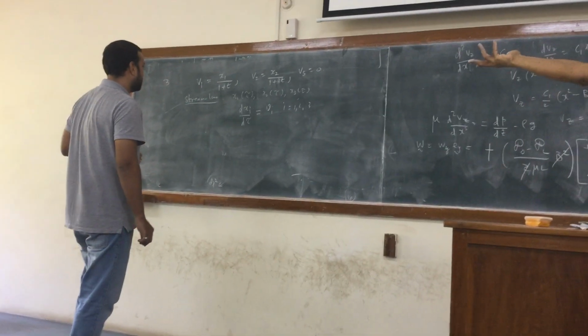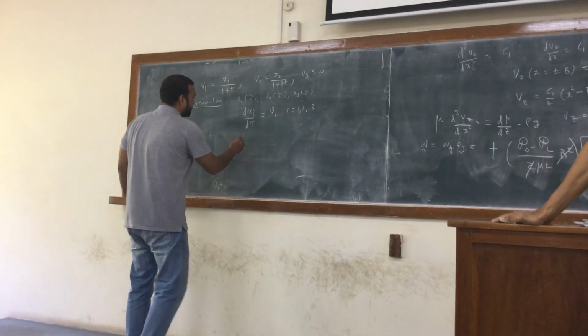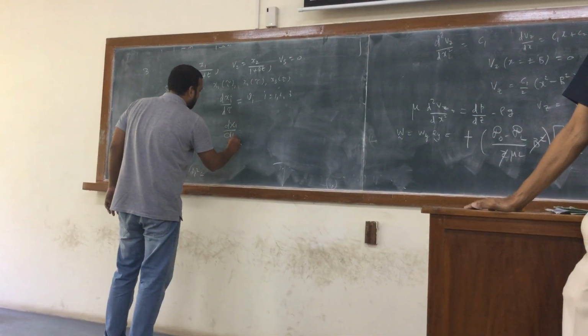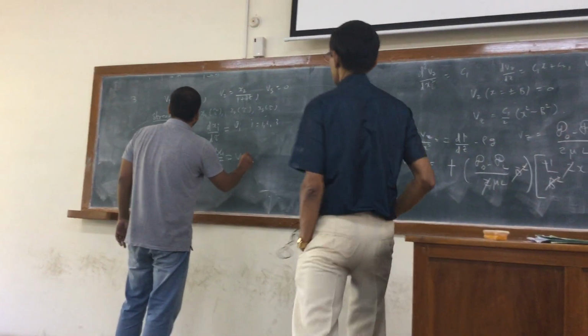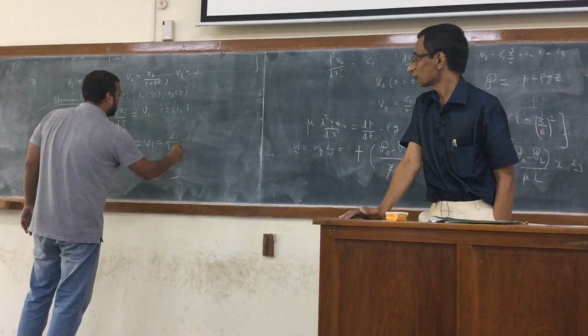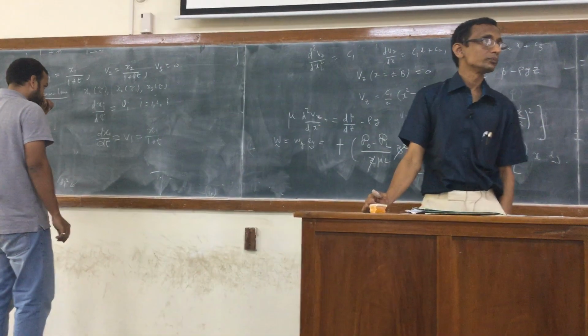dx1 by d tau equal to v1. Can you write that? What do you get? Yeah, v1 is equal to x1 by 1 plus t, fine. Now integrate this with respect to tau.